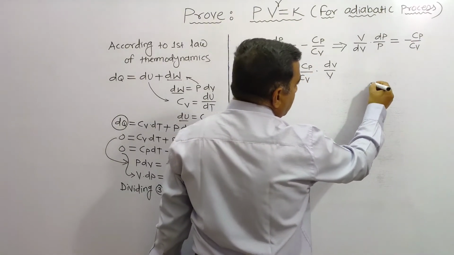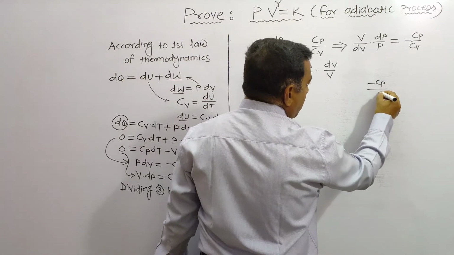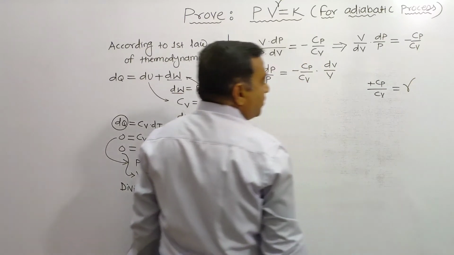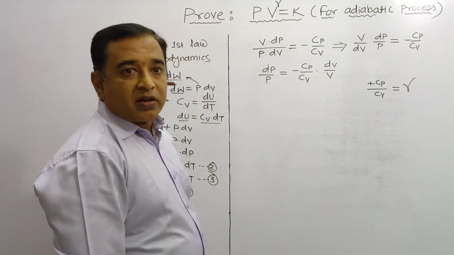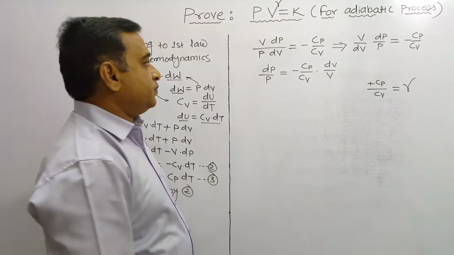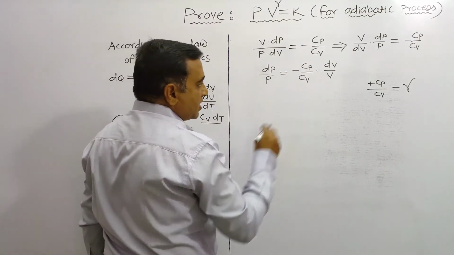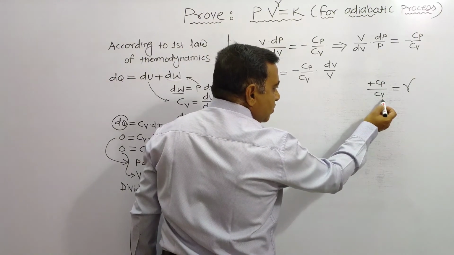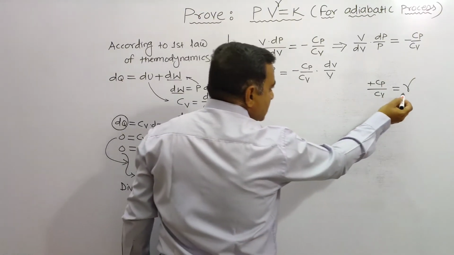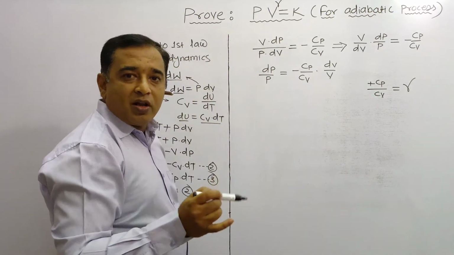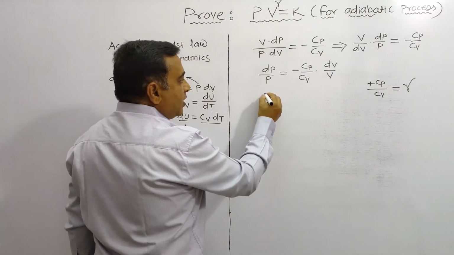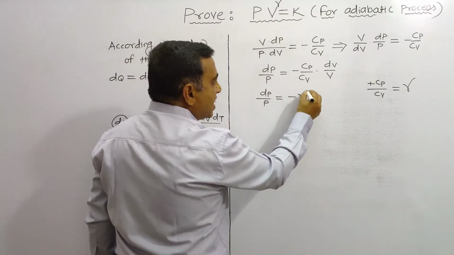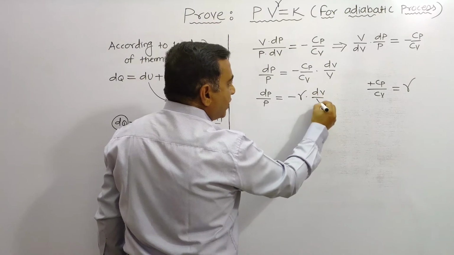Now we know very well that Cp upon Cv is what we call the specific heat ratio, denoted by the symbol gamma. Specific heat at constant pressure to the specific heat at constant volume ratio is known as the specific heat ratio, denoted by the symbol gamma. After substituting, dP upon P is equal to minus gamma into dV upon V.